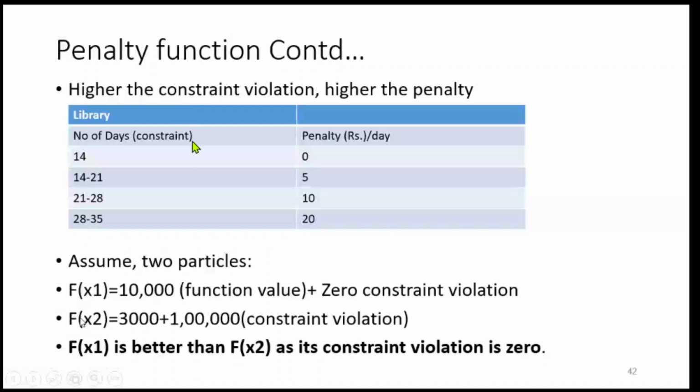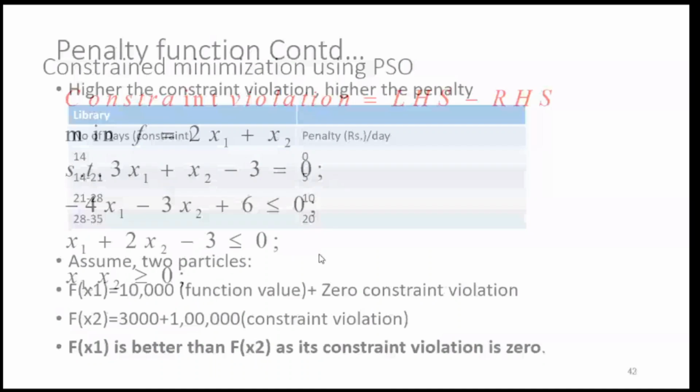And in this case, f of x1 is only 10,000. So which one is minimum out of this? This one is minimum, f of x1, because its constraint violation is 0. In actual sense, this function is better than this. But as the constraint violation is very, very high as compared to this particle, if you compare these two particles, then this one is better, right? This is the importance of the penalty function.